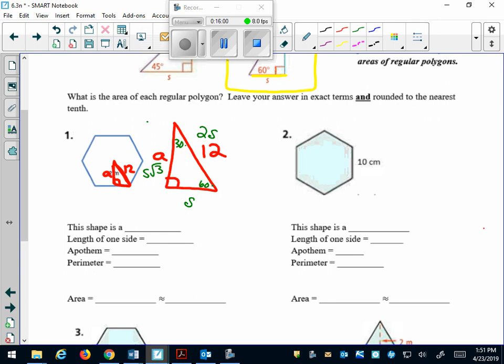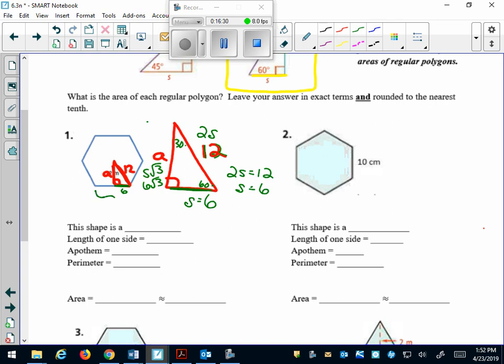Well, remember, go to the side that they have labeled with a number. 2S equals 12. What's S? 6. So what's this side? 6. What's the apothem? 6 root 3. Okay, so in our hexagon, this piece here is 6.